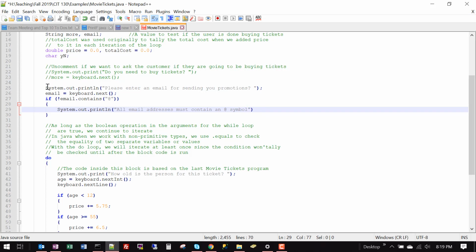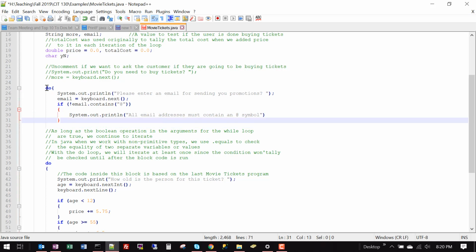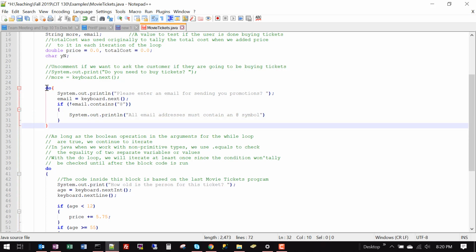And one of the things we're going to want to do here is make this a precondition loop. While not email.contains("@"), right?